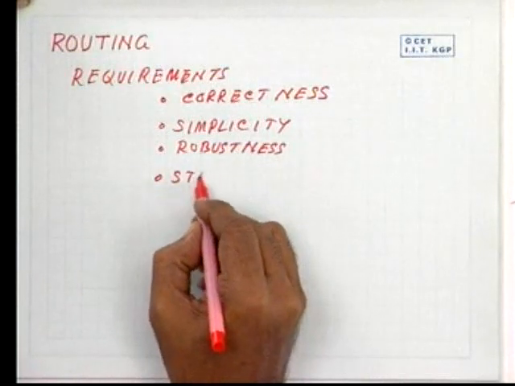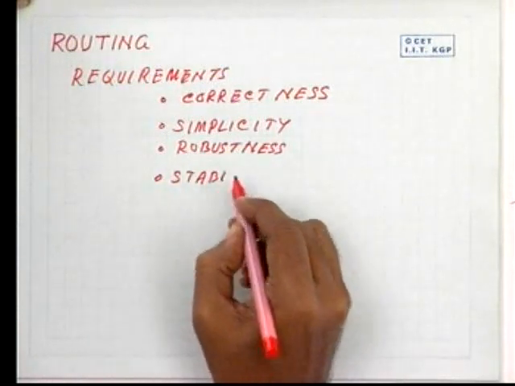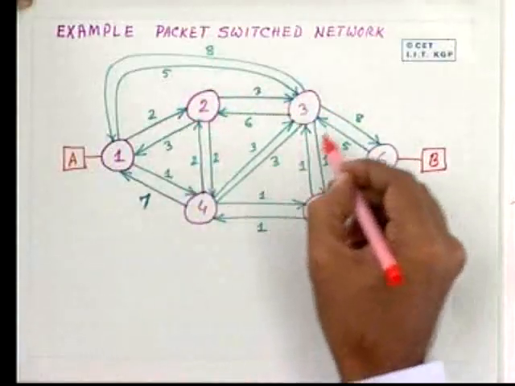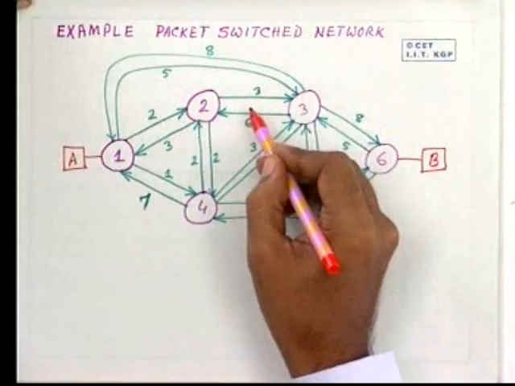Then stability. By stability we mean the routing function should be stable. Some of the parameters are dynamically changing with time, such as congestion, link failure and various other things. Suppose a congestion has developed in this part of the network at a particular instant.